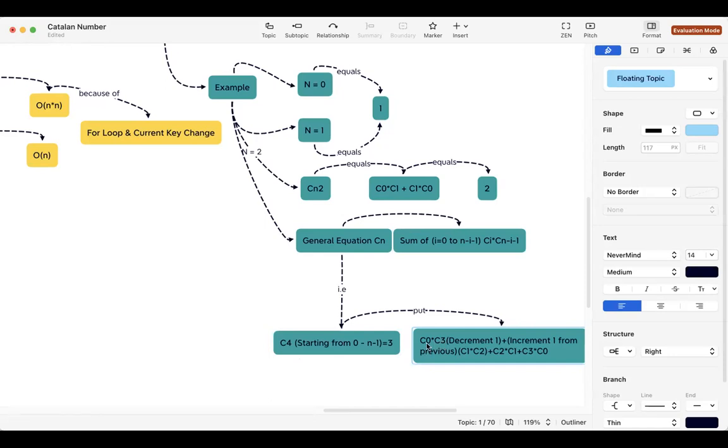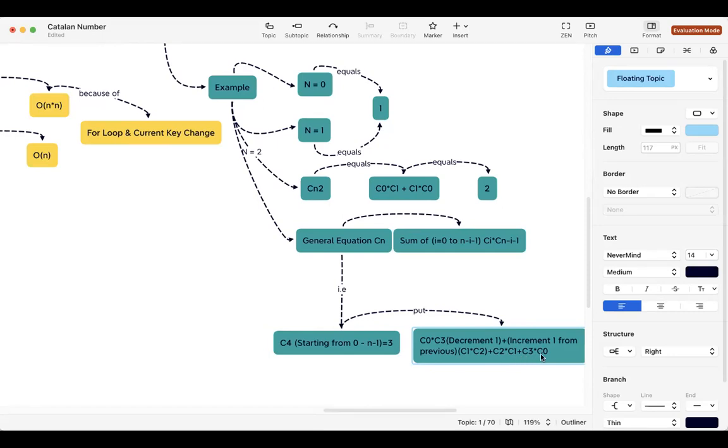Now you increment 0 by 1 and decrement C3 by 1, so the next term becomes C1 into C2. You get it? Now you again increment C1 and decrement C2, so it becomes C2 into C1. Then increment C2 again and decrement C1, and it becomes C3 into C0.